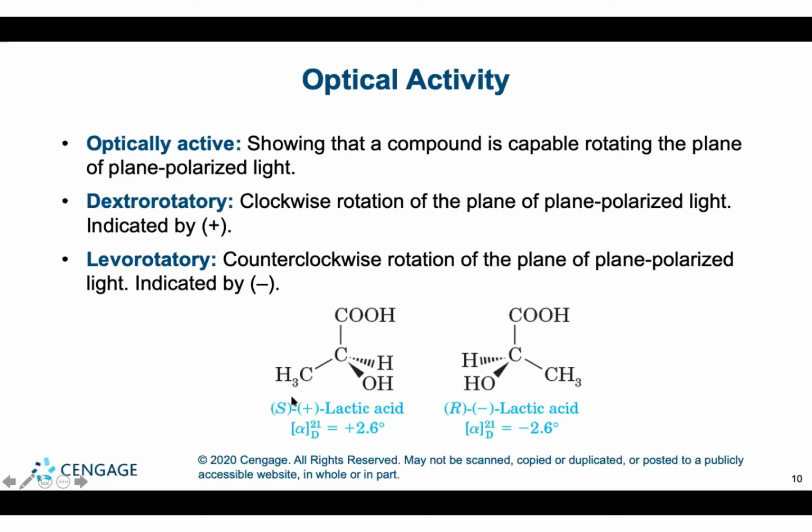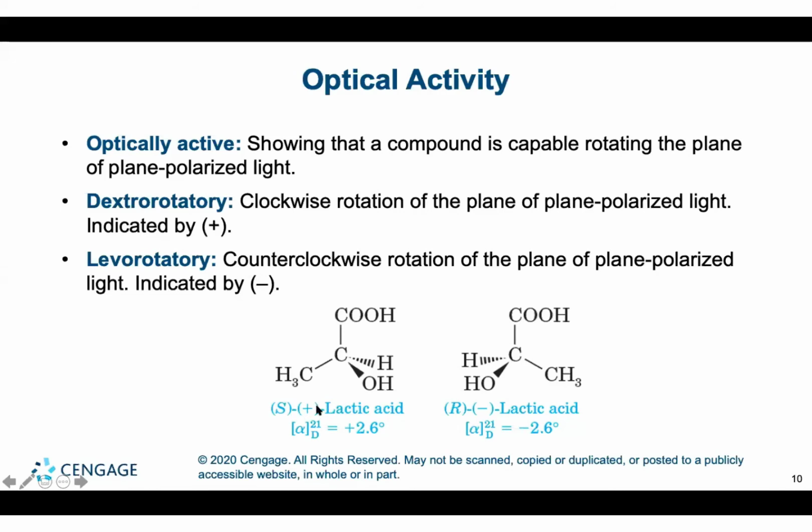What do this negative and positive signs that you see here mean? When we have dextrorotatory, it means that we have a clockwise rotation of the plane polarized light, and we put positive. And when we have levorotatory, we have a counterclockwise rotation of the plane of plane polarized light, and we put negative.